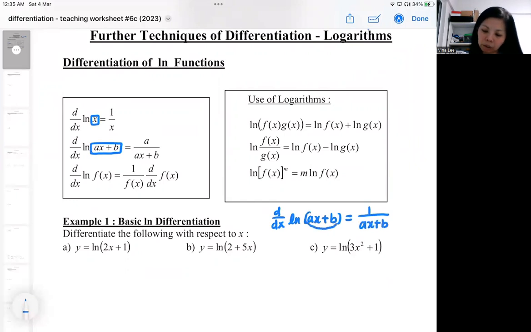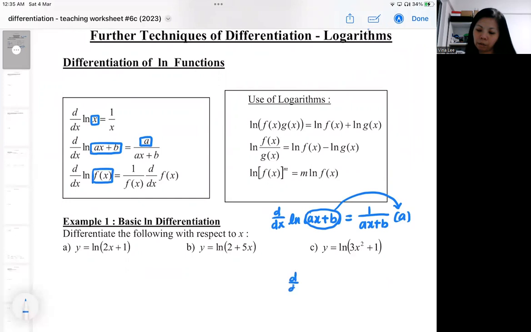But you do need to differentiate this as a separate function, and that's how you get the a as the numerator. So the first layer is you disappear the ln to become 1 over something. Then you differentiate that function there. So in general, if it's ln f(x), what do I mean by ln f(x)?